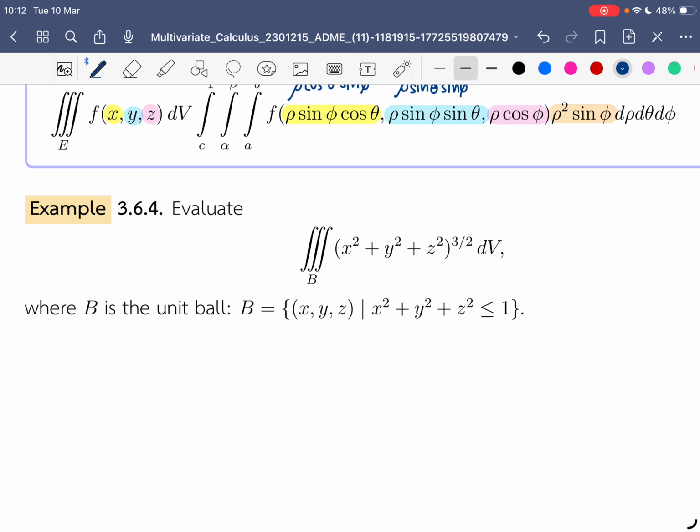I want to evaluate this triple integral where B is the unit ball, x squared plus y squared plus z squared less than or equal to 1. So it's just a unit ball, and it's 3D.